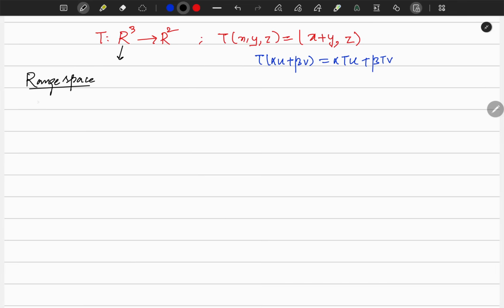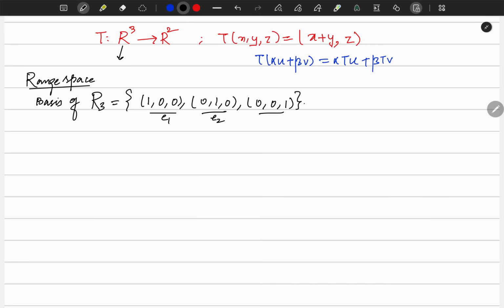You know the basis of R3 is 1 0 0, 0 1 0, 0 0 1, and this is E1, this is E2, this is E3.